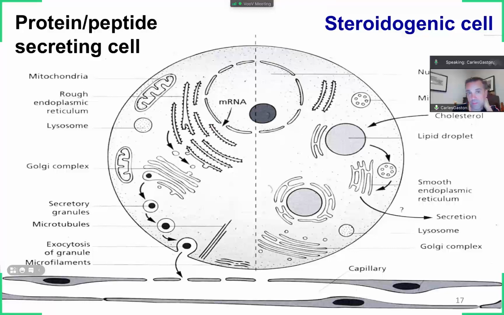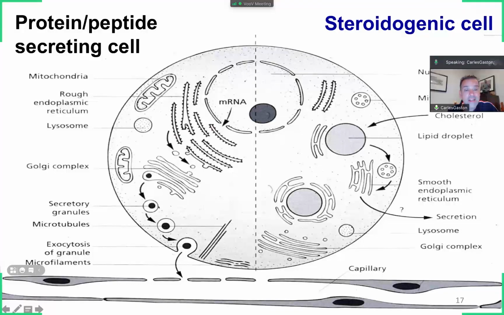How about a steroidogenic cell? Steroidogenic cells need to accumulate steroidogenic hormones in the form of lipids, and these lipids are formed in droplets. We will see that the mitochondria contain certain enzymes which are called cytochrome oxidases, which modify the lipid to convert it into a different steroid hormone.